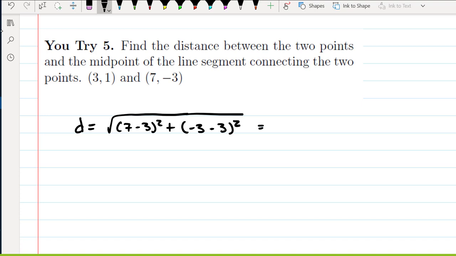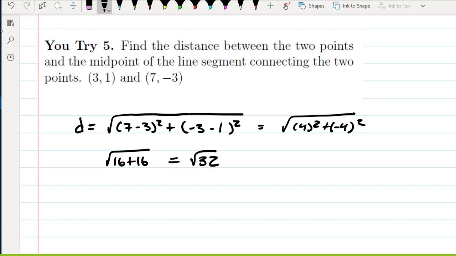So then that gives us the square root. 7 minus 3 is 4, so 4 squared. Oh, there we go. Helps if I put the right things in. And then negative 3 minus 1 is negative 4 squared. So then that gives us 16 plus 16, which is the square root of 32.